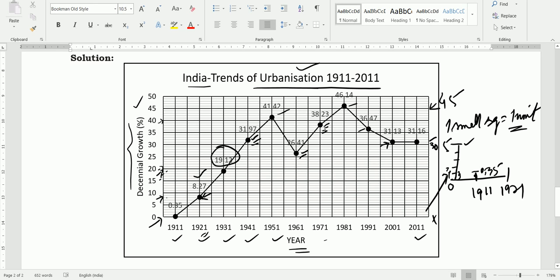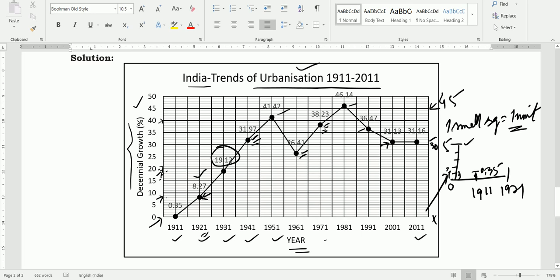Any question from your side? This graph you can draw on plain paper also. Did you collect the graph book from the store, boys and girls? Nobody is responding.